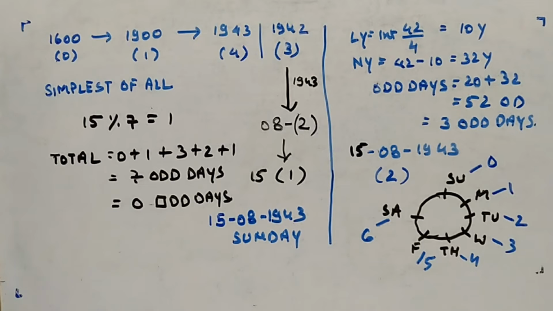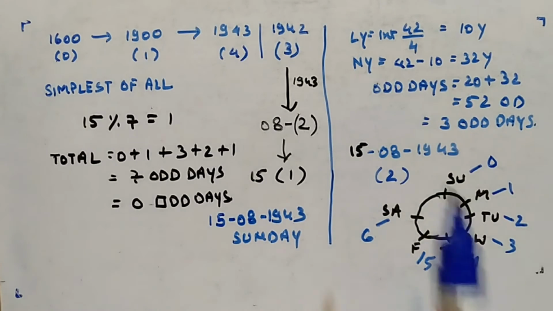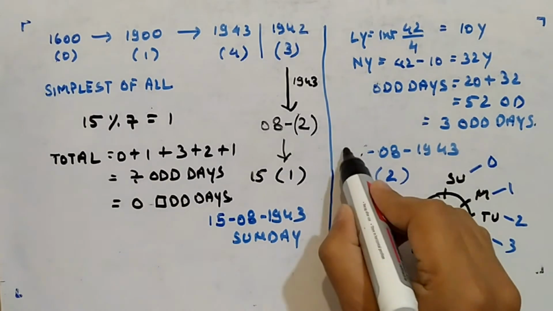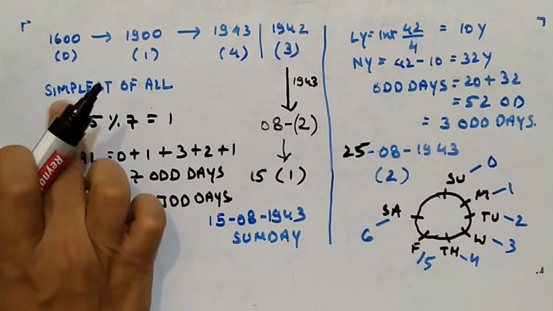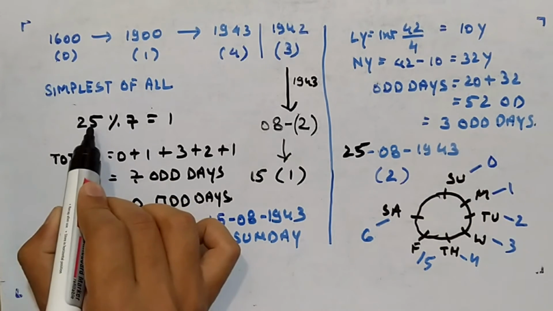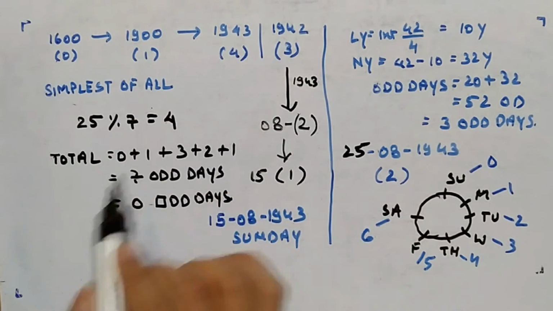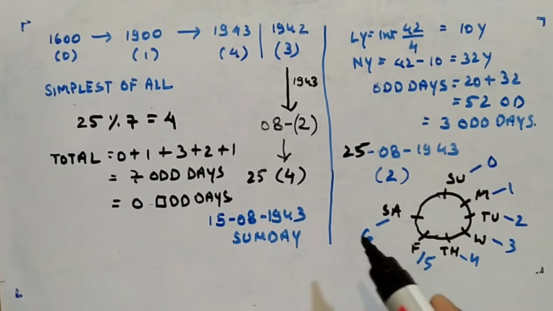So this is the process of finding the day of a date. Let's take another example. Instead of 15, I'll take 25th August. What will be the change? You will calculate for 25. 7 into 3 is 21, the remainder will be 4. So here it will be 4 for 25.